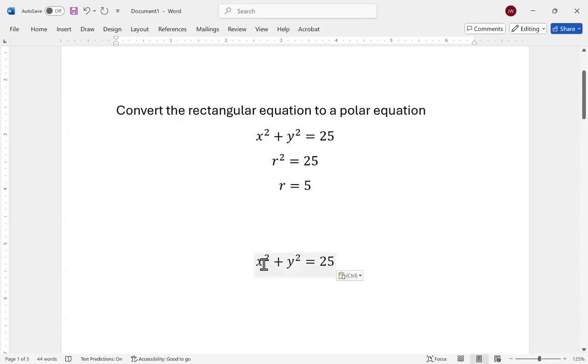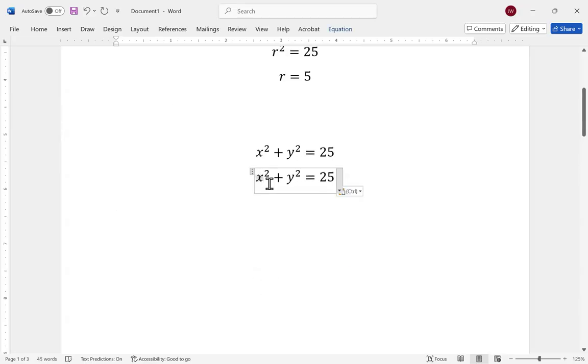But you could have also replaced every x you saw with an r times cosine of theta, and then every y we saw with an r times sine of theta.